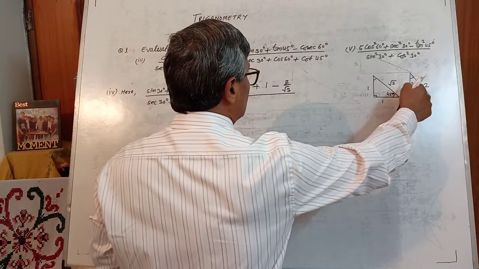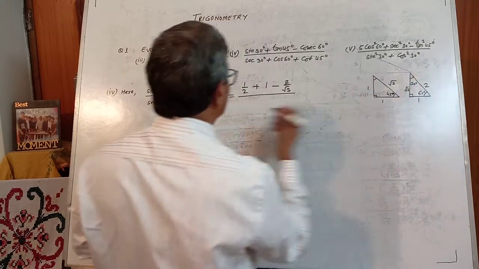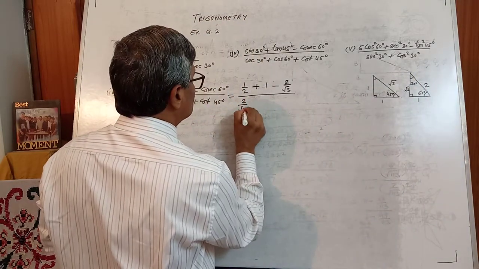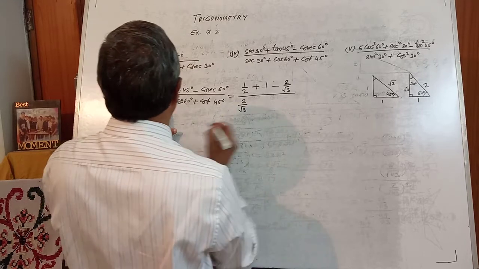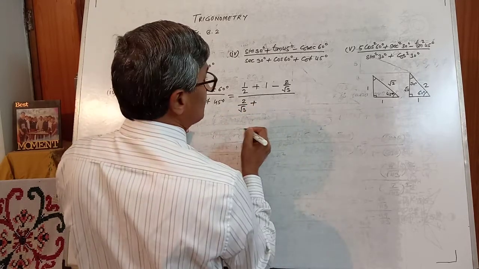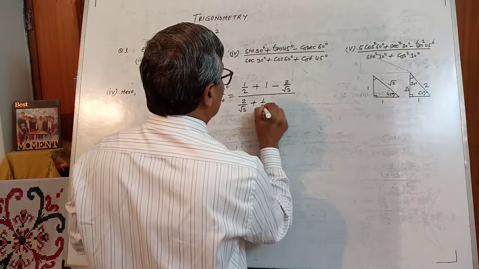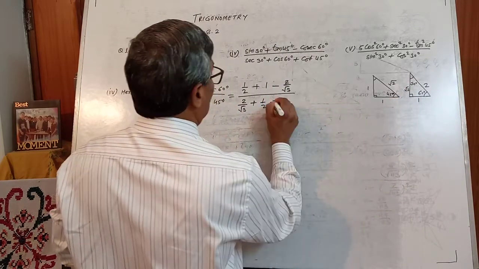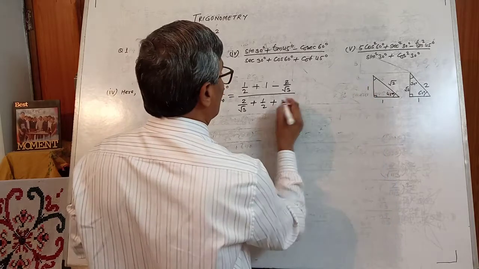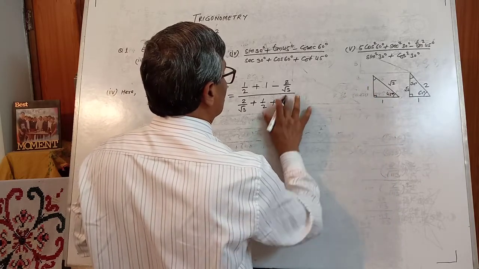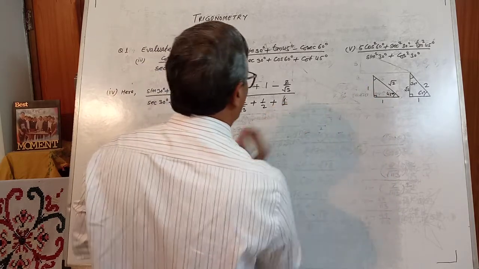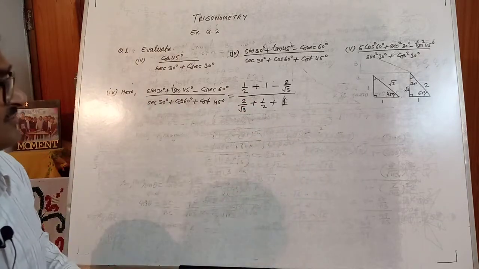Sec 30 from here you can take 2 by root 3, plus cos 60. Cos 60 from here 1 by 2, plus cot 45 from here 1 by 1, which means 1.